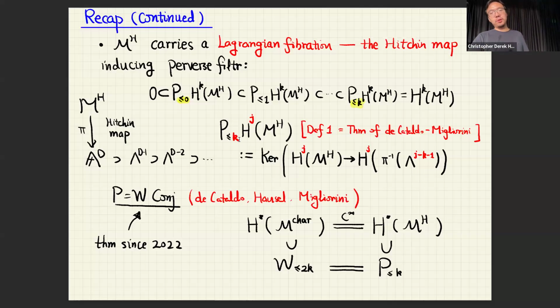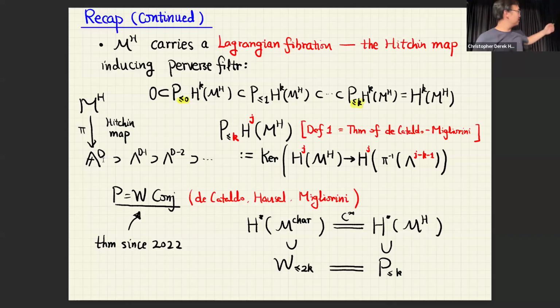If you want to filter the cohomology by looking at the kth piece of the perverse filtration, you consider a general affine subspace of the Hitchin base, and then you consider the classes which vanish after restricting over that. When you restrict your classes over affine subspaces of different sizes, you filter the global cohomology, and this filtration governs the information of the topology of the Hitchin map.